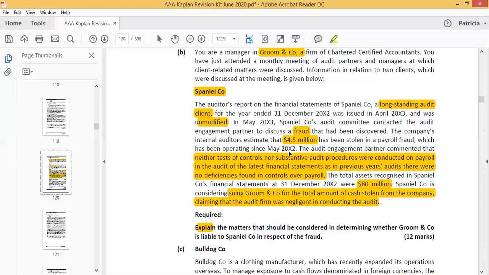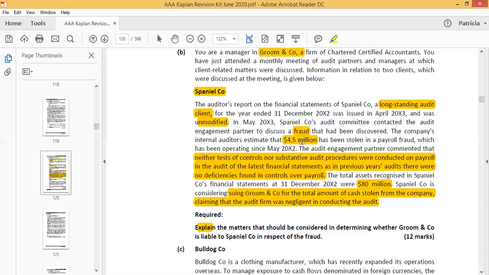So we know that this is in between the year, and the year ended is 31st December 2003. So to be specific on the materiality amount here, you should take 8 months, from May to December. So 8 over 12 times the amount here, 4.5, shows that it's 3 million.